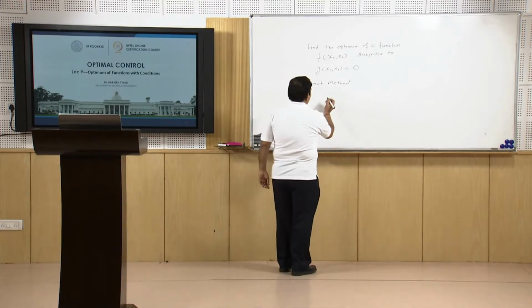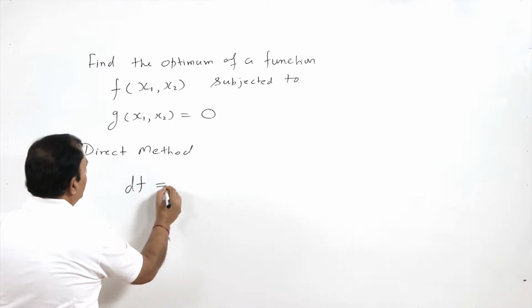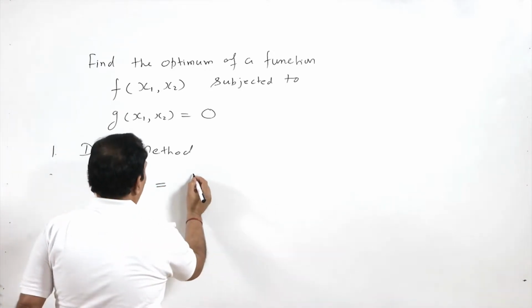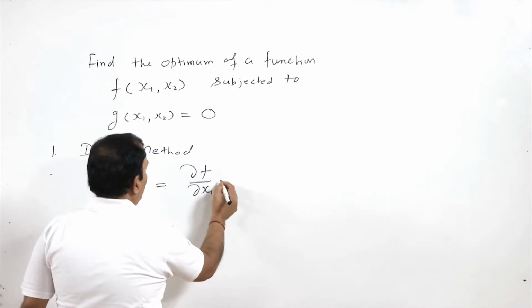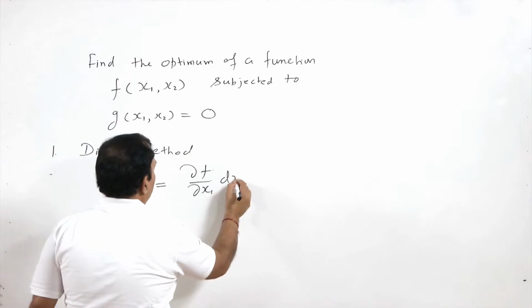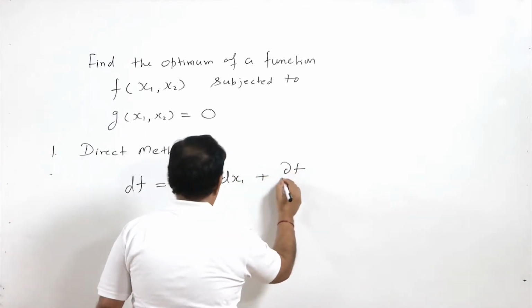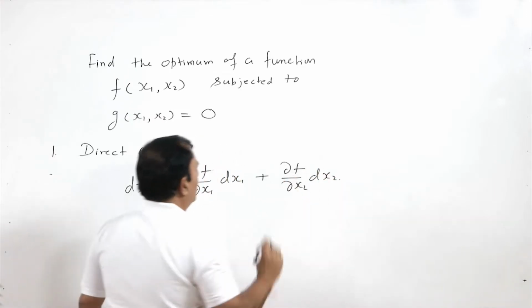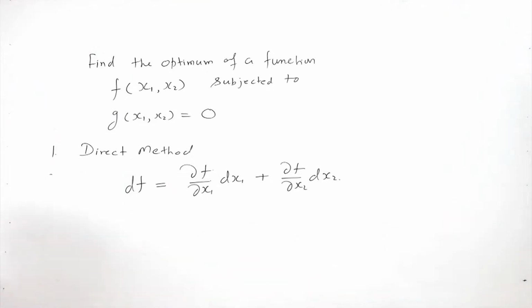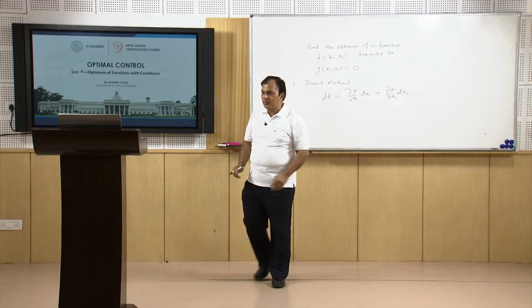So, this means if I write df, which is nothing but del f by del x1 dx1 plus del f by del x2 dx2, normally we say that must be equal to 0.